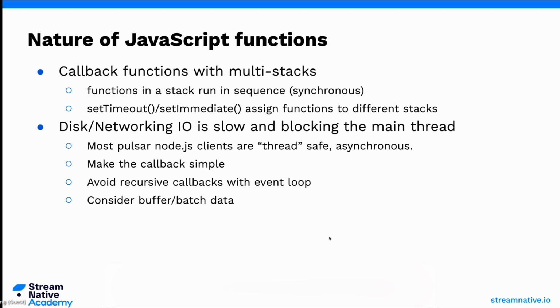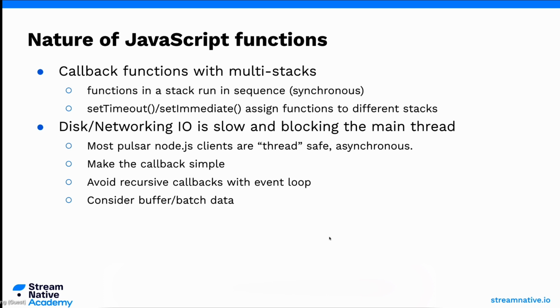So if you're moving your mouse in a browser, you don't want to see it lagging, right? So it's like your mouse is not moving smoothly. It just jumps, right? That means your JavaScript in the backend is not doing its job. So JavaScript uses this callback function to try to make everything async, right?